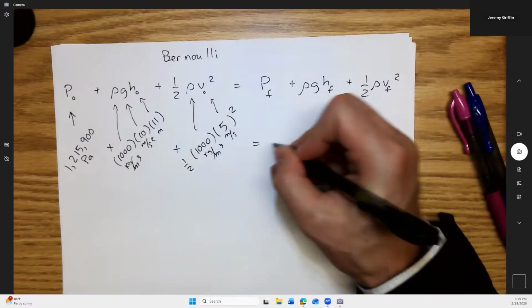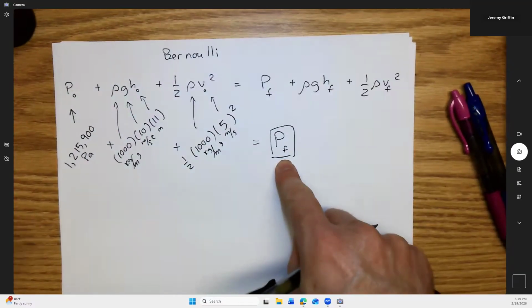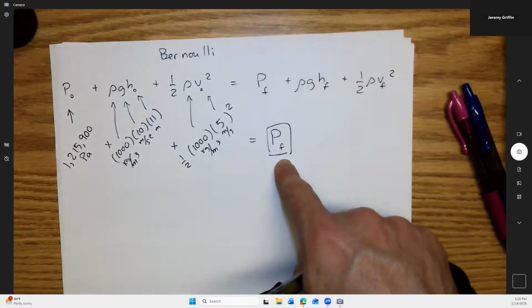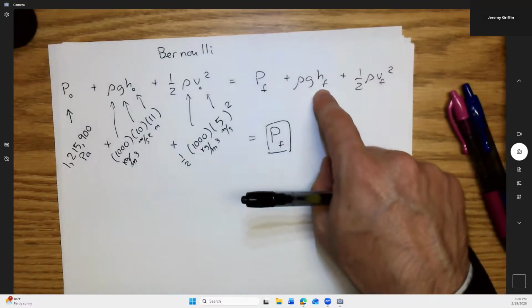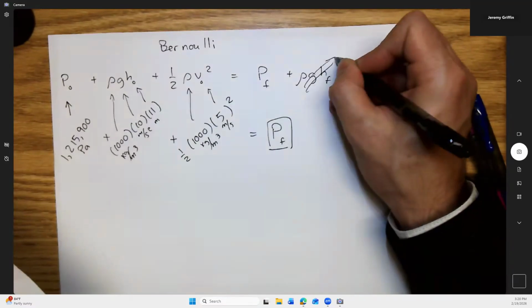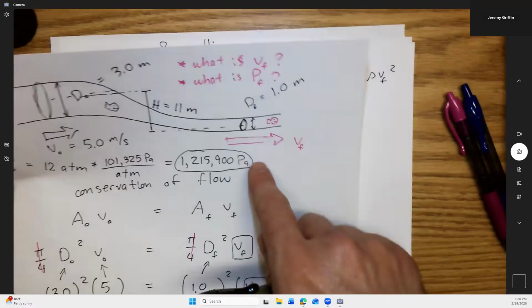Equals. Now, we're trying to figure out what's the pressure on the fish down here in the skinny part of the pipe. Gotta figure that out. What is the height of the skinny pipe? 0. That just goes away. It's down here at ground level.